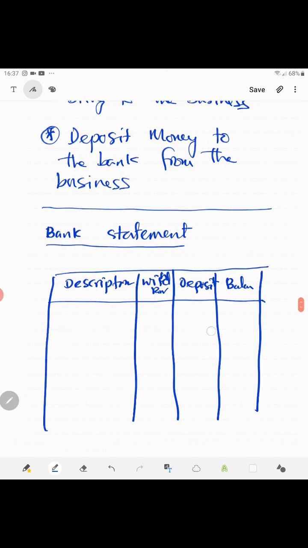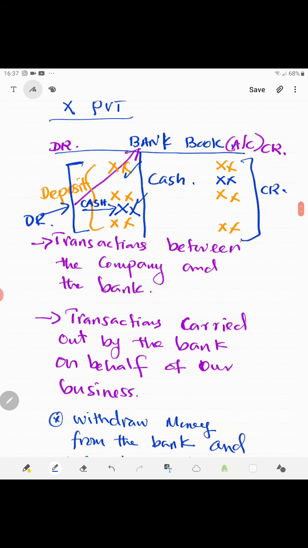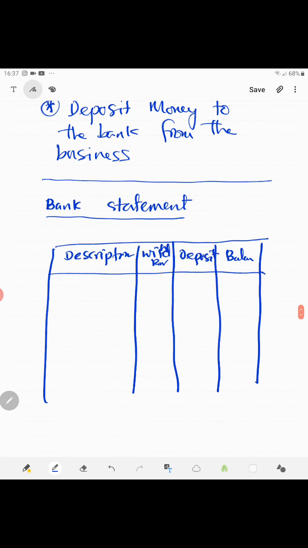Whenever we deposit any amount, we record it in our cash book. Once that deposit has been reflected from the banker's point of view, they will record it here. All the deposits which have been realized in the bank, they will record here.